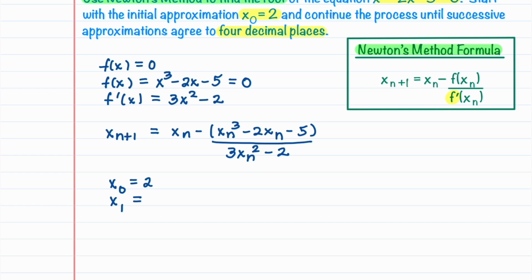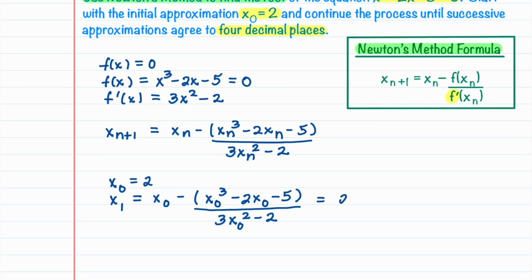x1 is equal to x0, just looking back at the formula for x sub n plus 1, minus x0 cubed minus 2x0 minus 5, all divided by 3 x0 squared minus 2. Let's now substitute in that x0 is equal to 2.